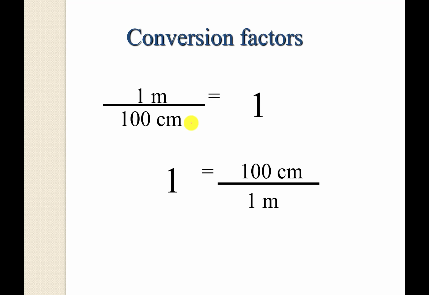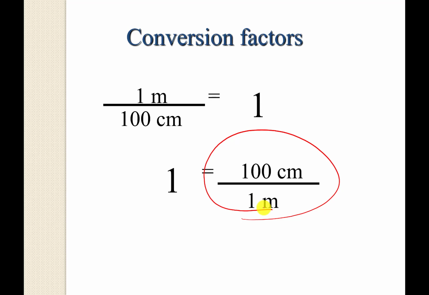If I multiply any number in the world by 1, it will still be that same number. So in a way, and this is what is unique about conversion factors, when I multiply something by 100 centimeters over 1 meter, that is the same as multiplying that by 1.